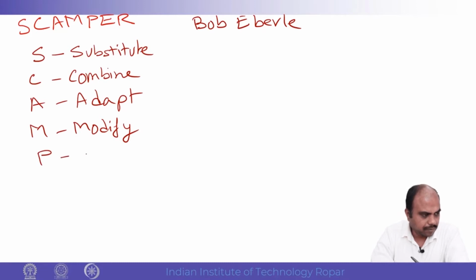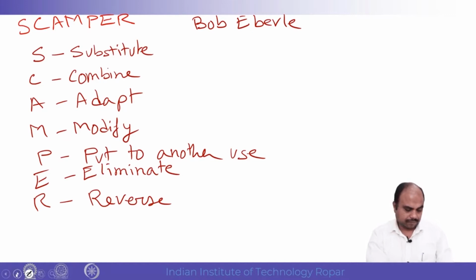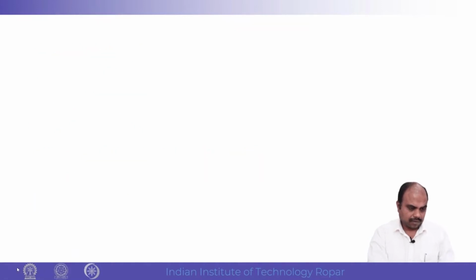P for put to another use. E for eliminate. And R for reverse. So we will learn more on these details.